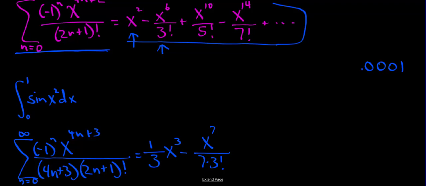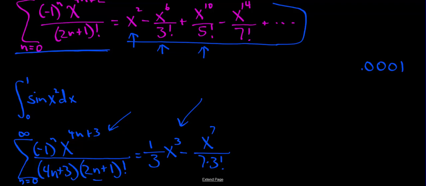Yeah, that's 7 times 3 factorial. And on the top, if we put in the 1, we have 7. Yeah, so that works out. It looks like our summation here is consistent with just integrating term by term over here.